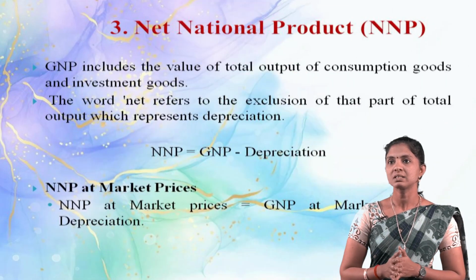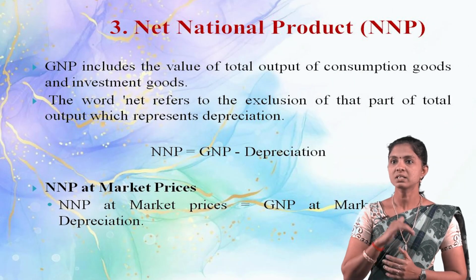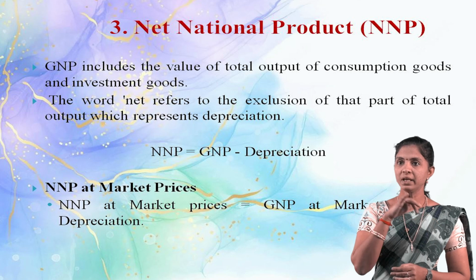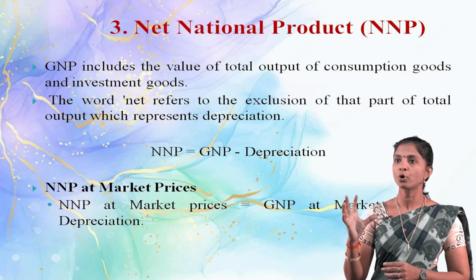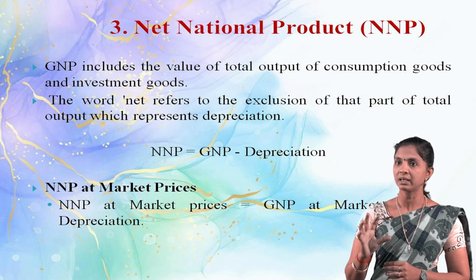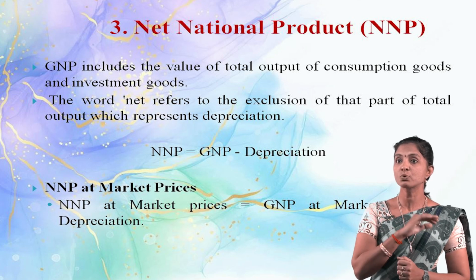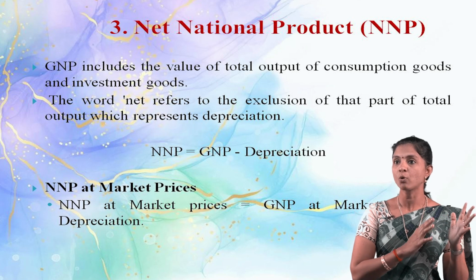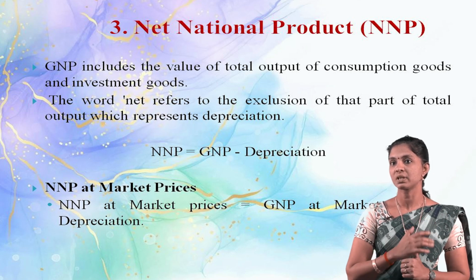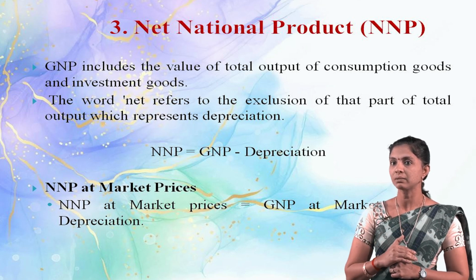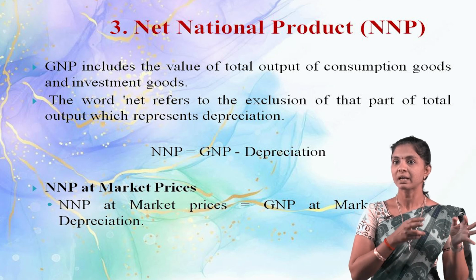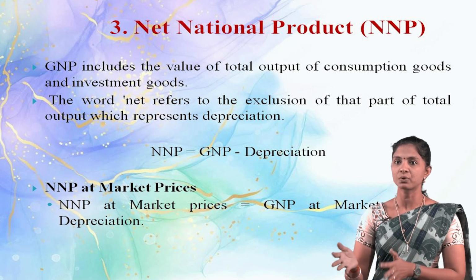Then next one is net national product. So, what is net national product? The GNP includes the volume of total output of consumption goods and investment goods. The word net refers to the exclusion of that part of total output which represents depreciation. So, net national product is gross national product minus depreciation.